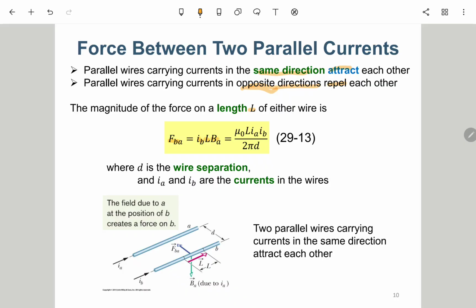This is actually the Lorentz force, and it could be this expression. So what does it mean?